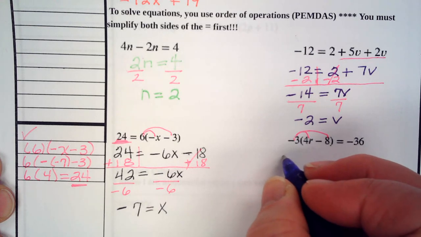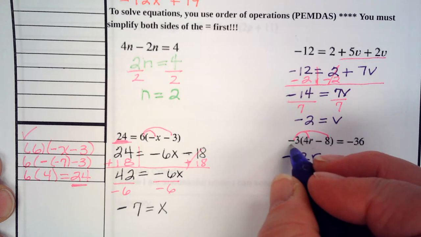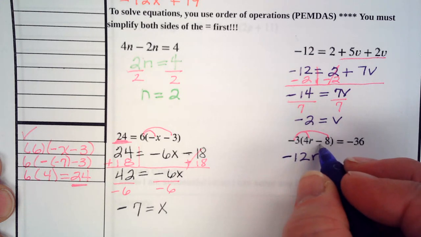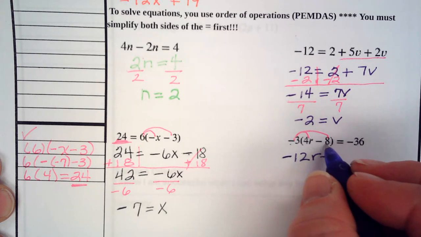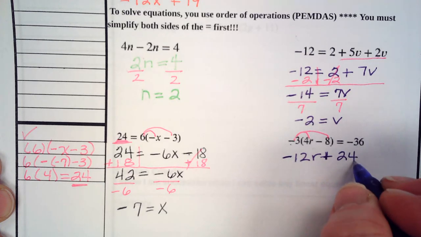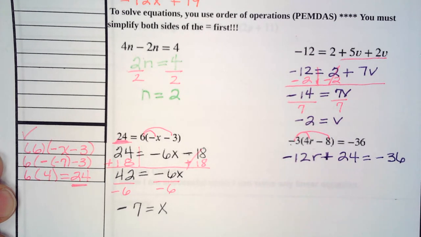Negative 3 times positive 4 is negative 12r. Negative 3 times negative 8. Negative times a negative is a positive. 3 times 8 is 24, is equal to negative 36.